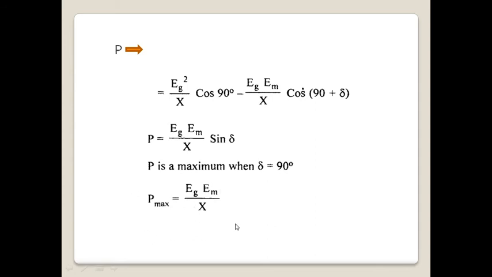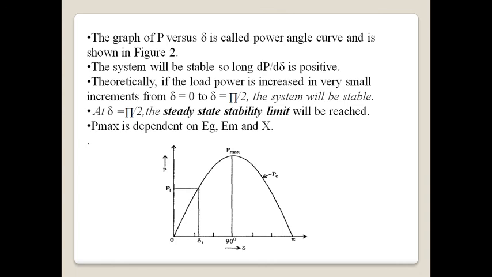Considering this equation, either you have to increase Eg or you have to reduce X. X means Xg plus Xm plus Xc. If you reduce the transfer reactance, then definitely the steady state stability limit will increase, that means the maximum power you can transfer.